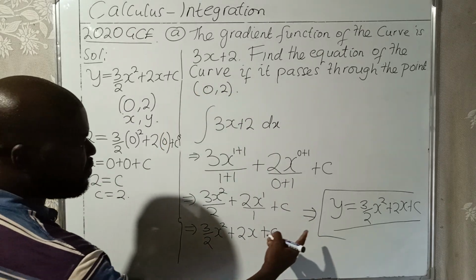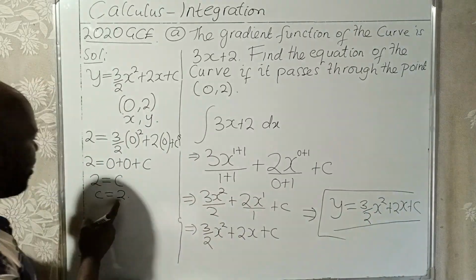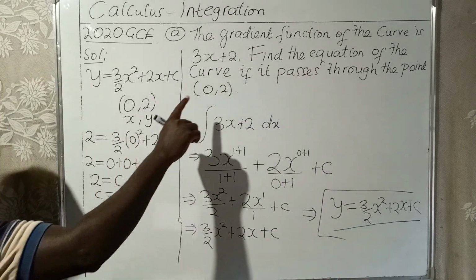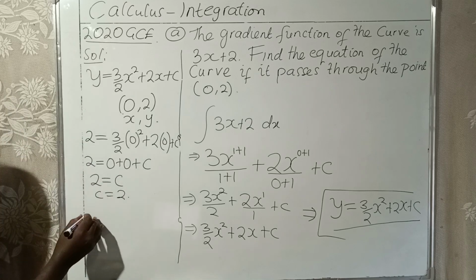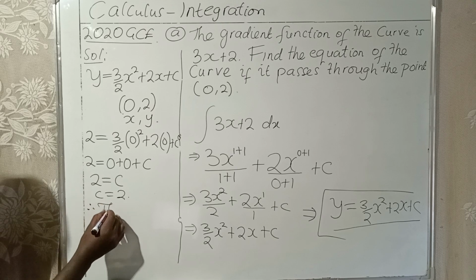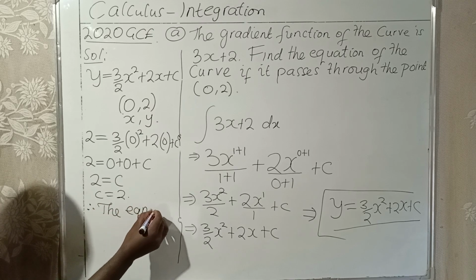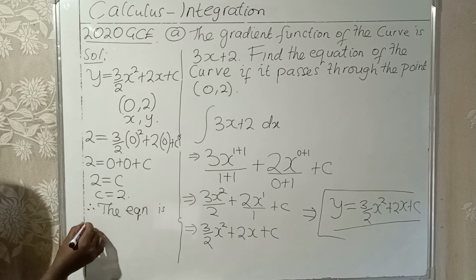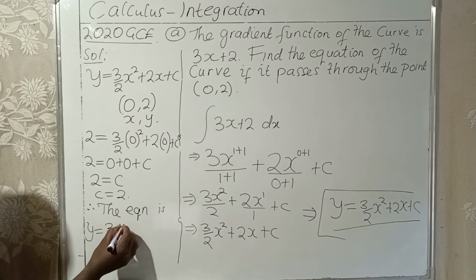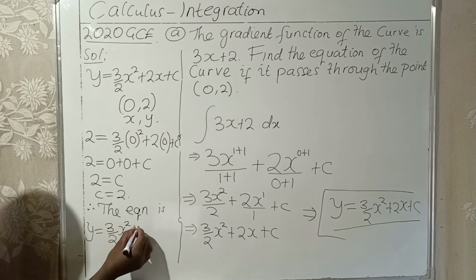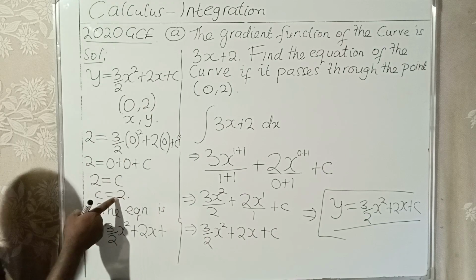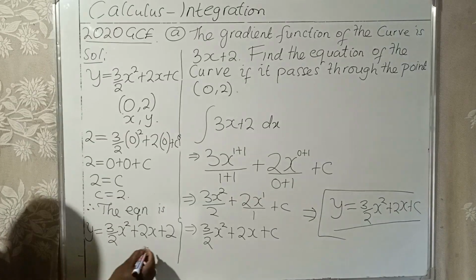Now we can finally rewrite the equation of the curve. Where we have c, we put our 2. So the equation of the curve, if it passes through the point (0, 2), is therefore y equals 3 over 2 x squared plus 2x plus 2.